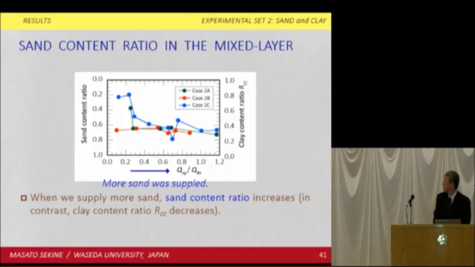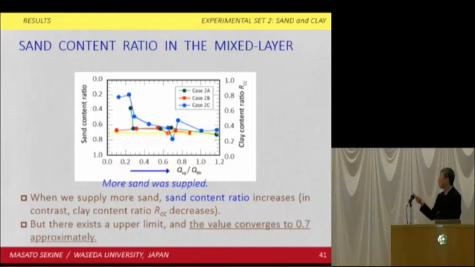Here is a figure of sand volume content ratio against the sand supply rate. As the sand supply rate increases, there exists an upper limit and the value converges to approximately 0.7.